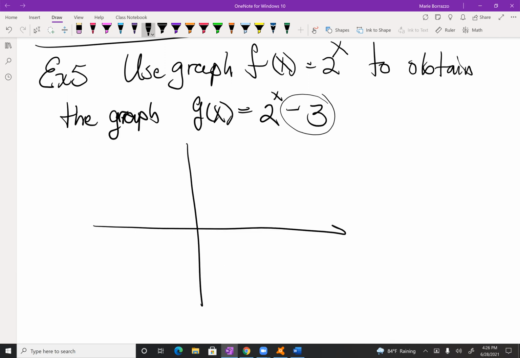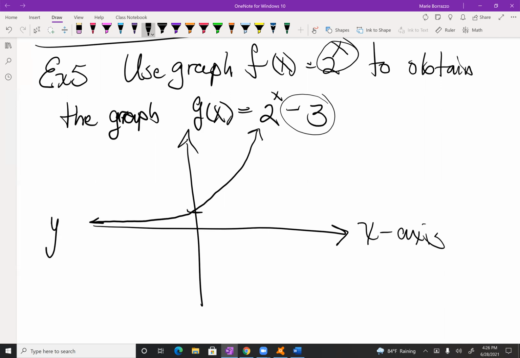So if I start here at the x-axis, this was the original asymptote of 2 to the x, because the original graph of 2 to the x, in essence, did this behavior and was asymptotic, where y equals 0 was the asymptote.